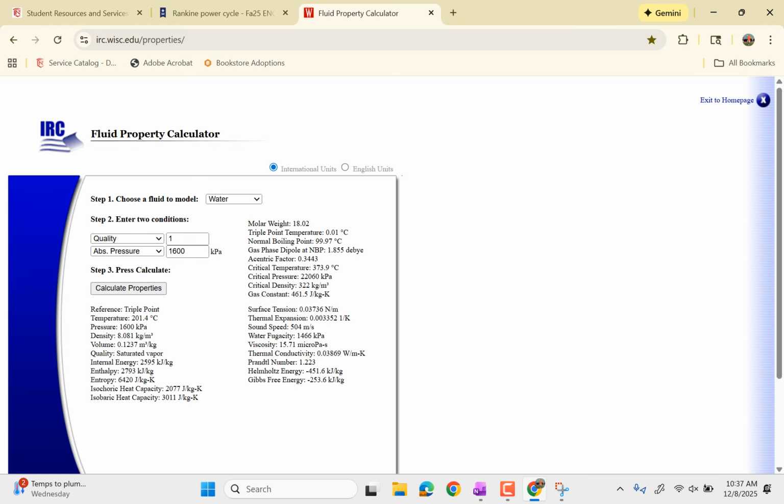And so the specific entropy is 6420, and that is 6420.